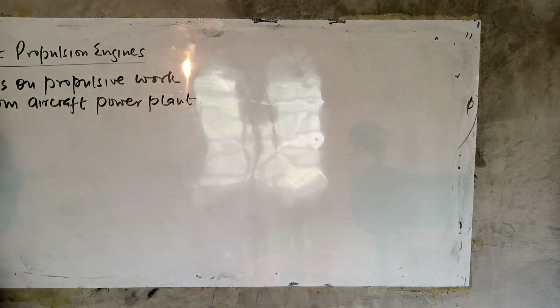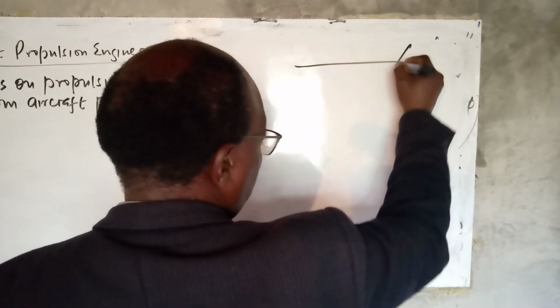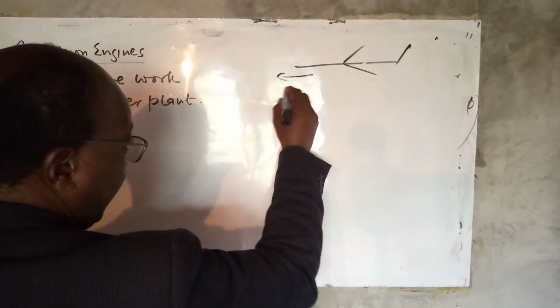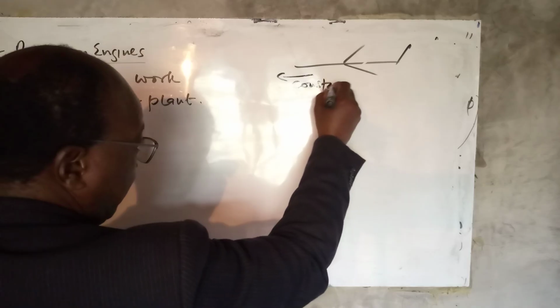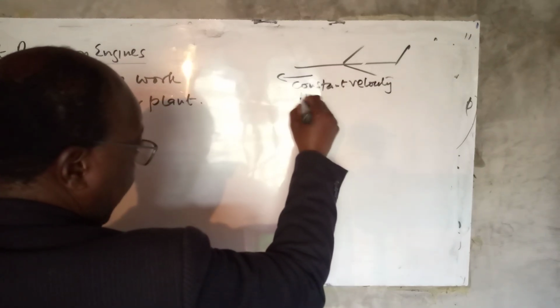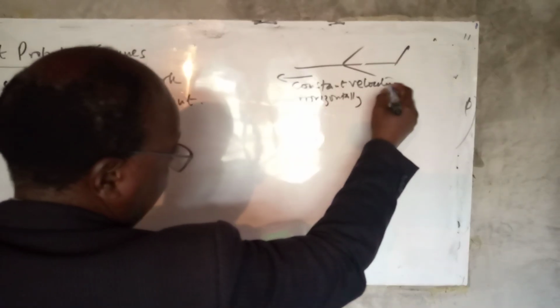So let's say that we have this aircraft. Let's just draw some image of an aircraft. Let's say that's an aircraft and it's flying horizontally at a constant velocity.